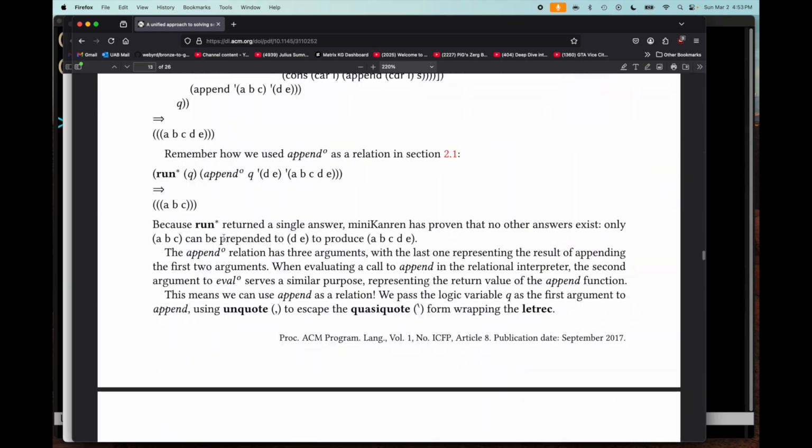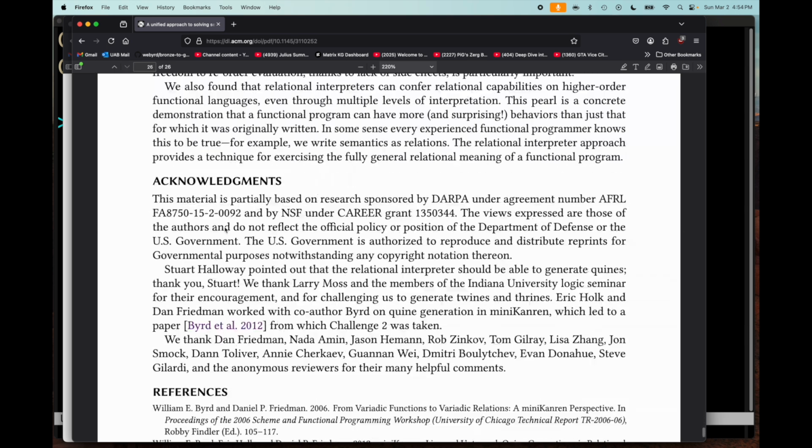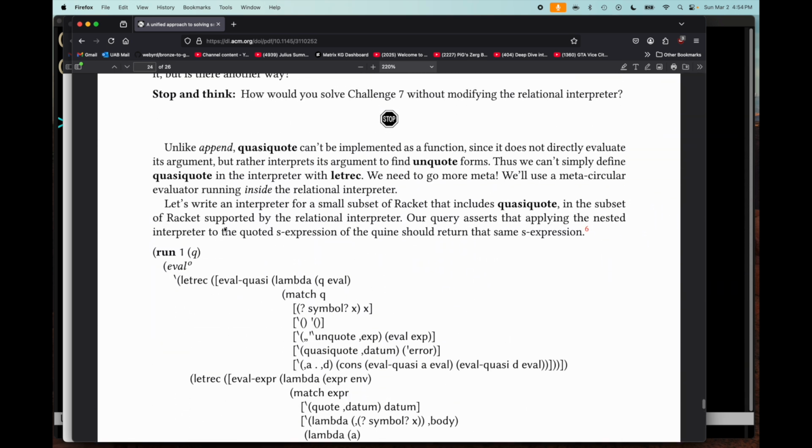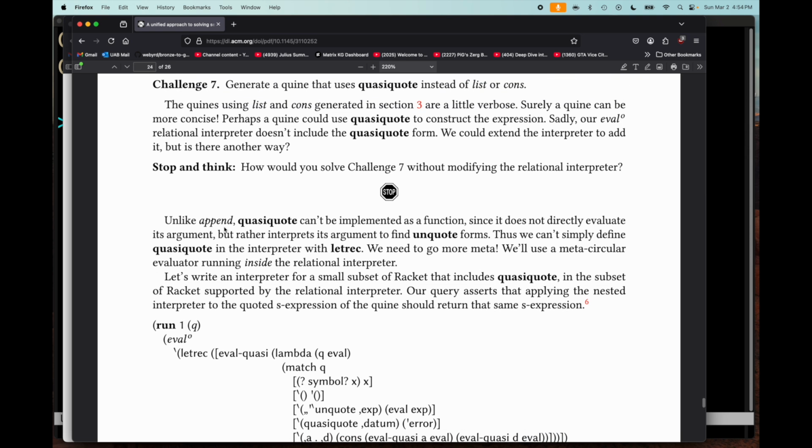And in it, we're doing miniKanren relational interpreters, which we'll get to. But the last program in this, so there's 7 challenges, okay? And it's like, hey, how do you solve this challenge? You get a little stop sign. Here's the stop and think. This is like the SAT exams or whatever. I used to have to take that little stop sign. How do you think this? Stop and think. Turns out all 7 you can solve with miniKanren relational interpreters. What a shock.